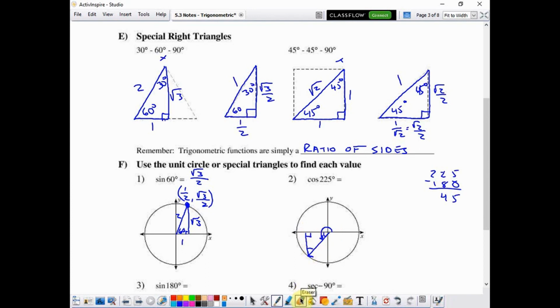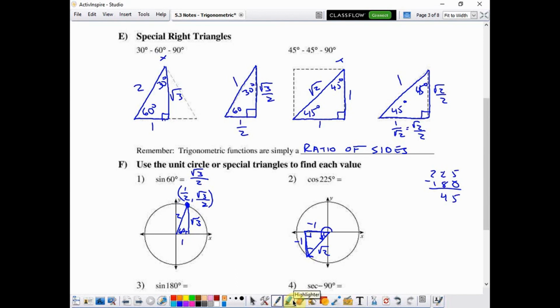Okay, and I'm going to use the special right triangle again, rather than a unit circle because the special right triangle is just easier to remember. So special right triangle, 45, 45, 90 is 1, 1, root 2. But notice we're going left here, so that's actually negative 1. And going down is negative 1. The radius is always a positive number.